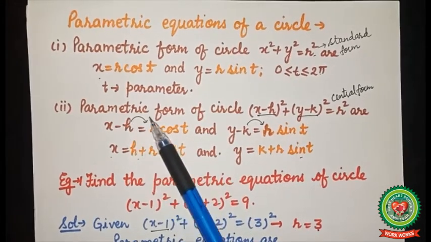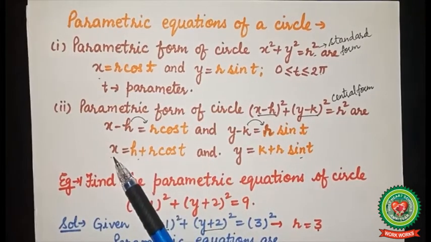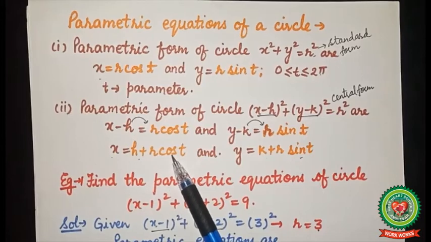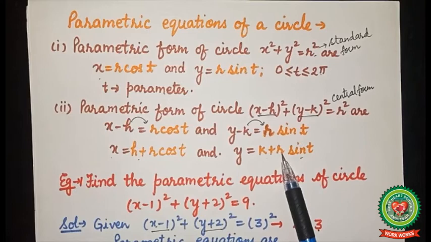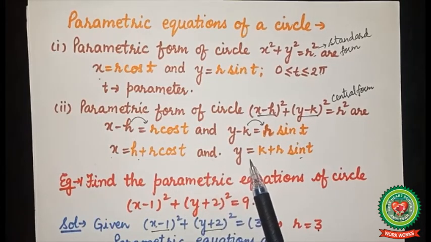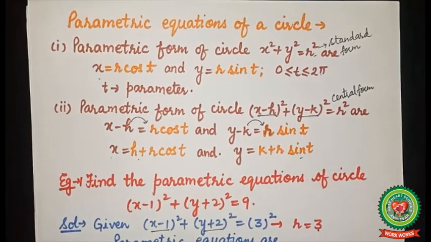Now, on shifting h and k on the other side, we get the value of x is equal to h plus r cos t and y is equal to k plus r sin t. So, these are the two parametric equations corresponding to the central form.